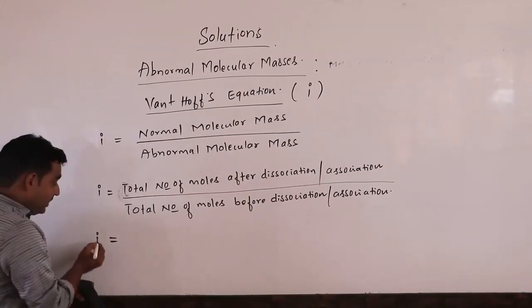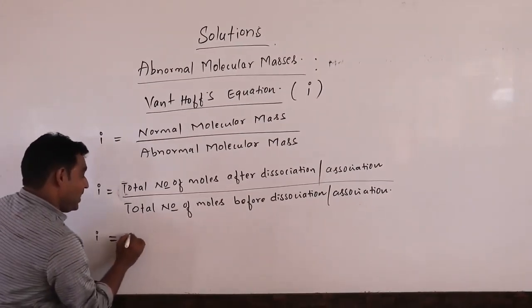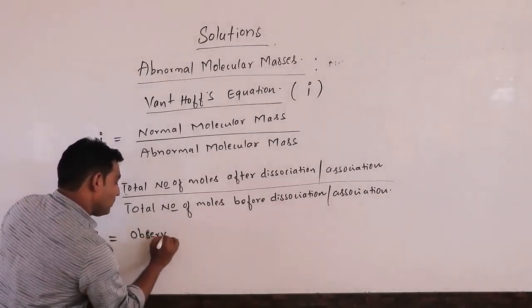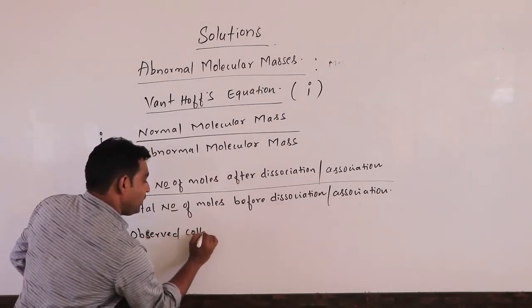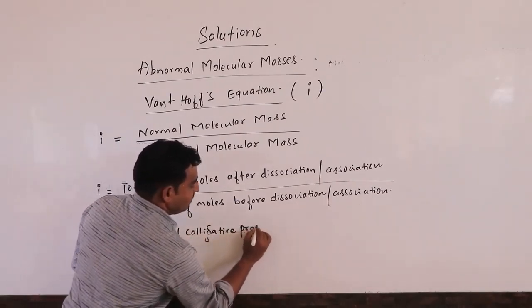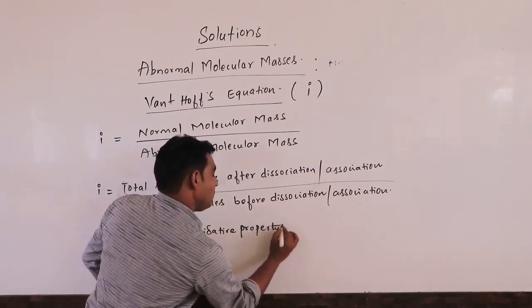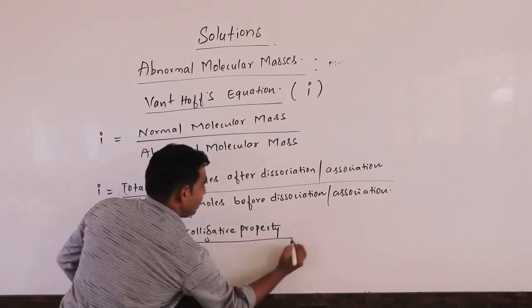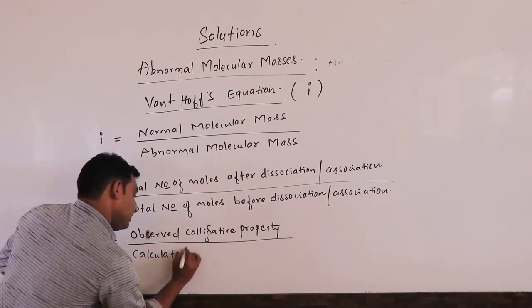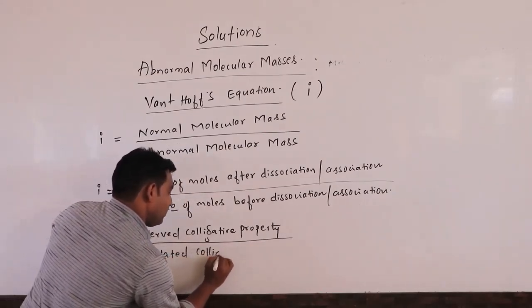Yes, we can also define the van't Hoff factor as the observed colligative property divided by the calculated colligative property.